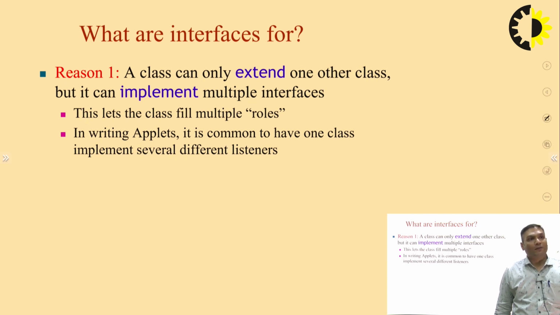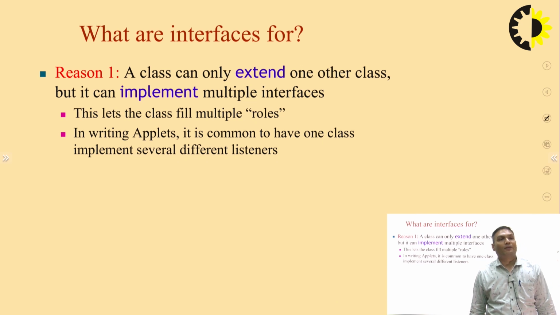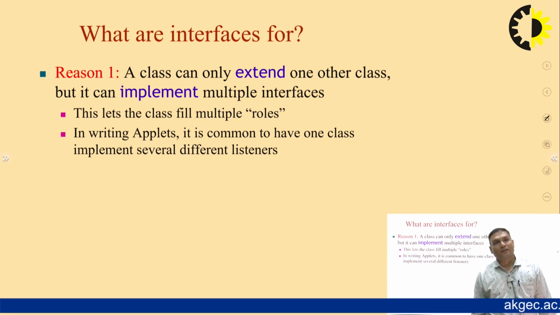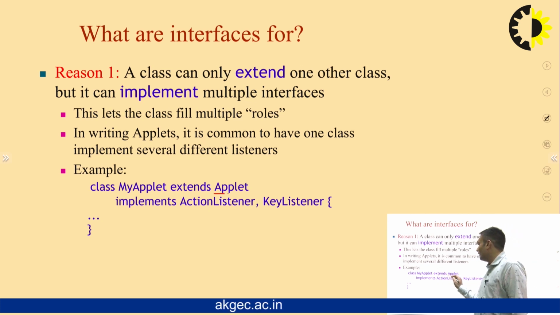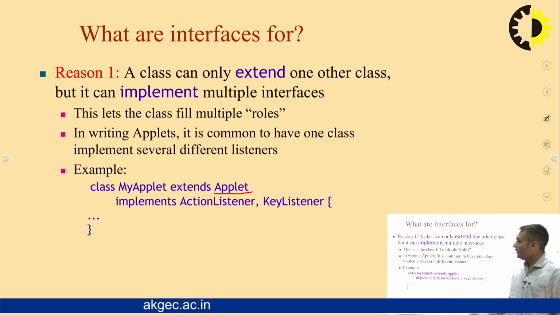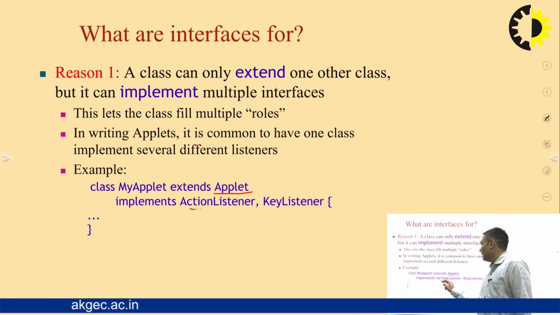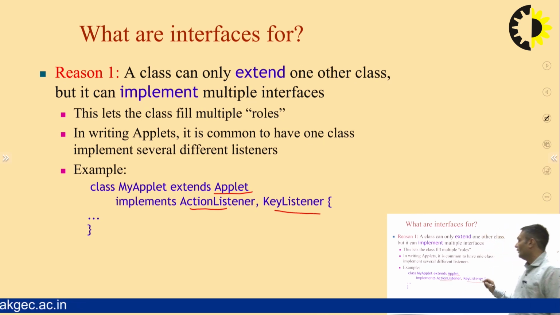In writing an applet, it is common to have one class that implements various different listeners. This is possible with the help of interfaces. For example, you can see a class MyApplet that extends the class Applet and implements various interfaces.